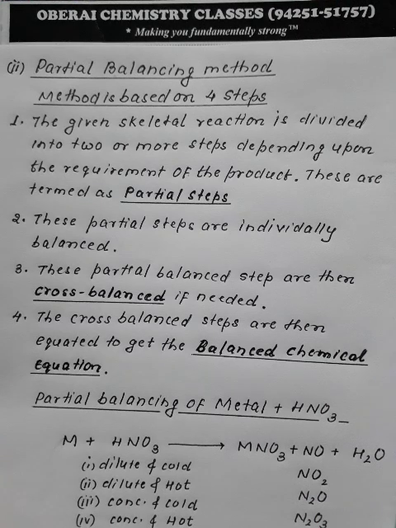So just to elaborate, let us take an example. Say an example involving partial balancing of reaction between a metal and nitric acid. Suppose you have taken some metal M, which could be copper, zinc, manganese, etc., and it is made to react with nitric acid.